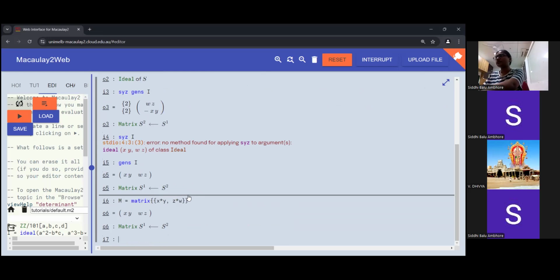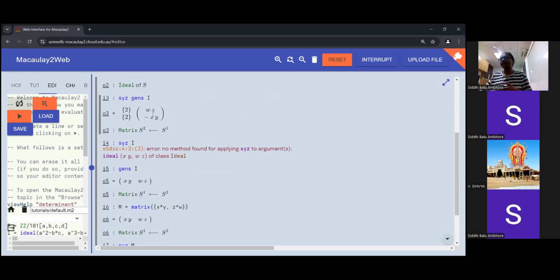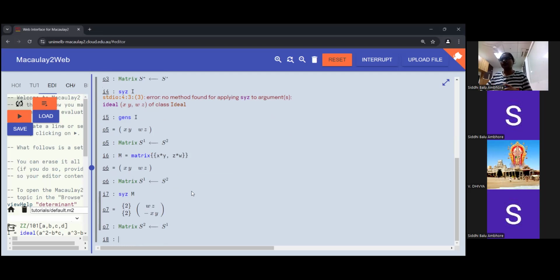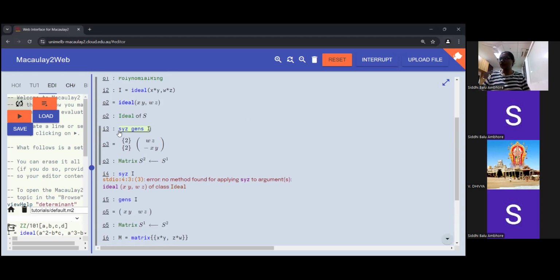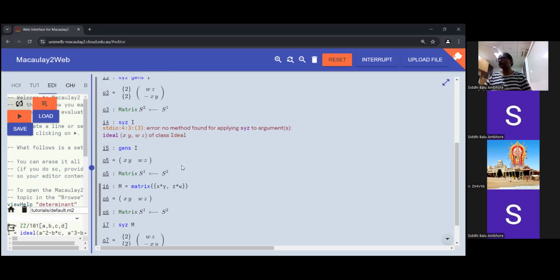This is my matrix, and then I find the CGG of M, and I get the same thing: WZ minus XY. So either you define the ideal and use CGG of gens I, or you define a matrix whose first row is all the generators of your ideal and apply CGG on it. Is that okay?